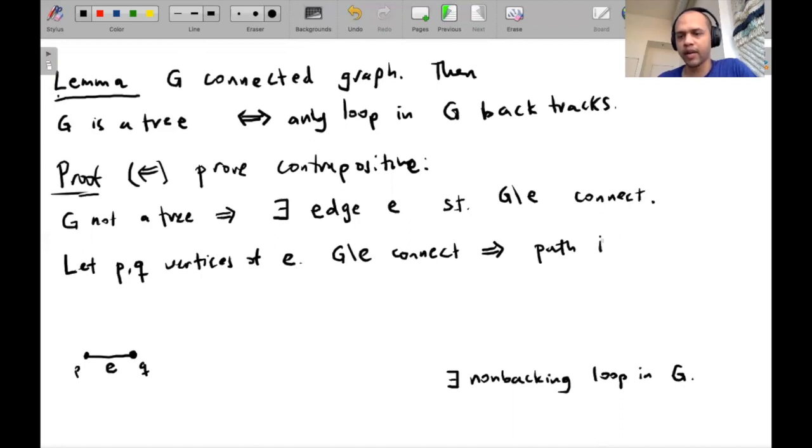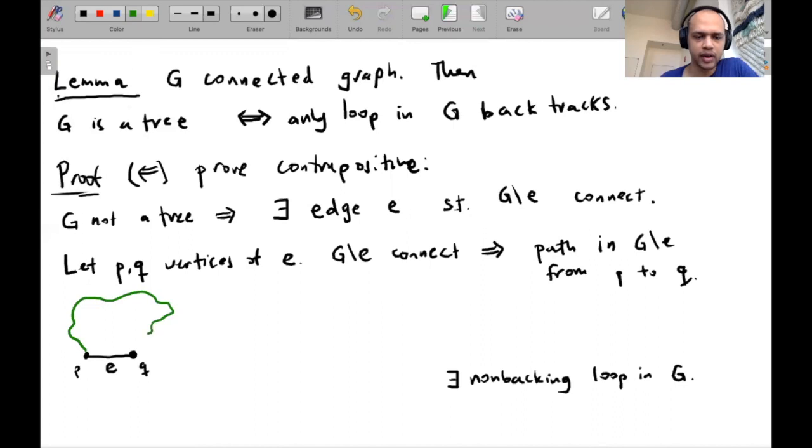That's what I mean by a path in G minus E connecting, let me say just from P to Q. Who knows what it looks like, but there's some path, and it's in the complement of E. Let me call it gamma, path gamma.